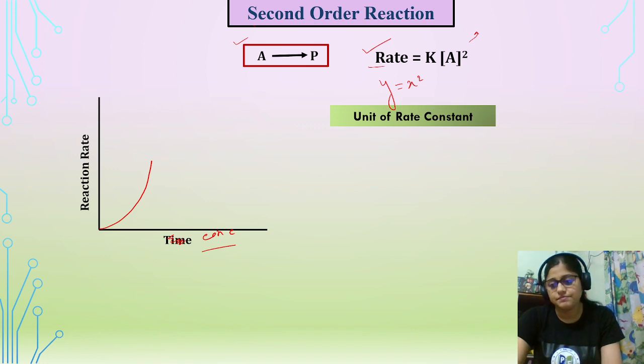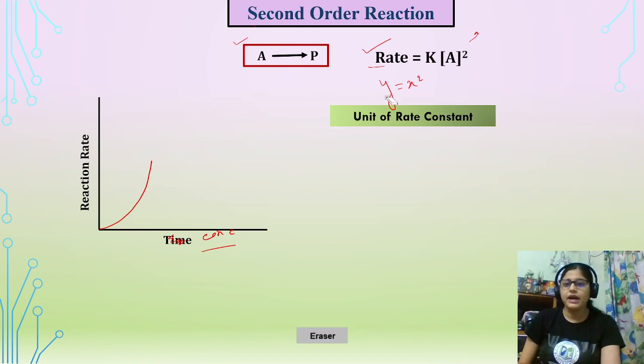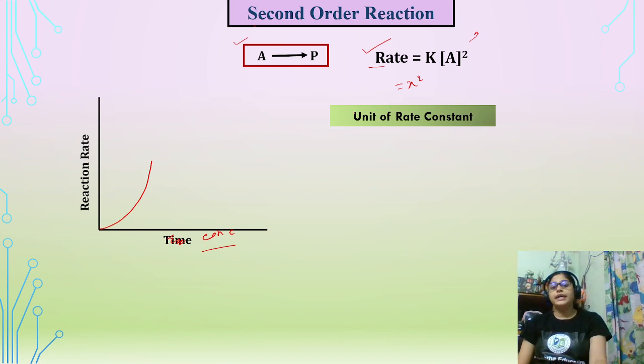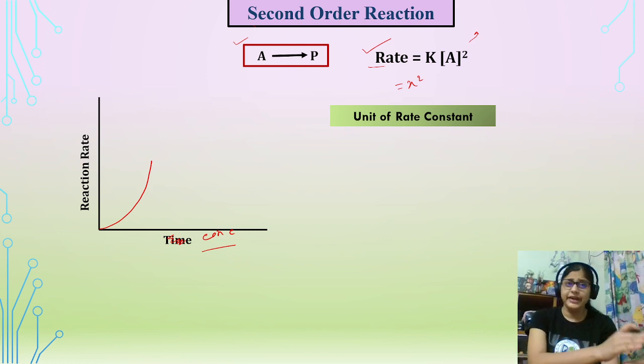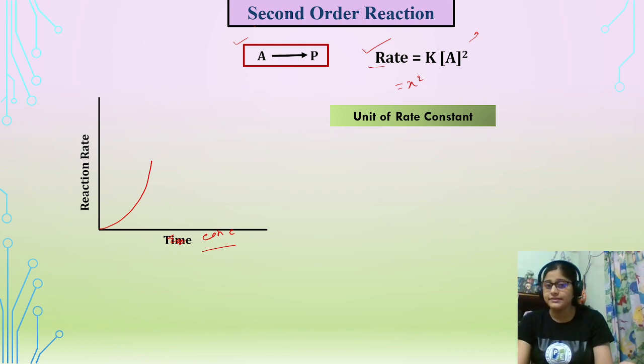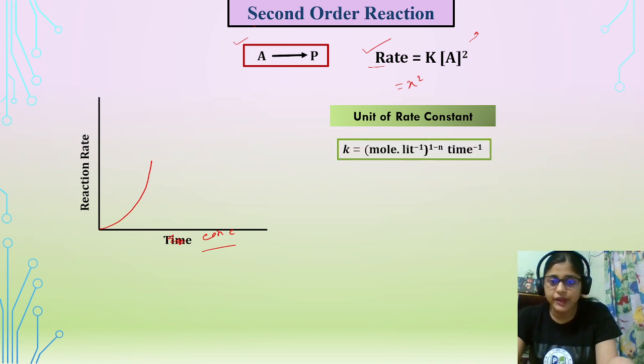Now the unit of rate constant. You know these things, but I want to know whether you have read them carefully. Is the rate constant dependent on order or not? It is. That's why I have shown the rate constant for zero order, for first order, for second order, and also for nth order reaction, so that you can calculate the rate constant for any order.